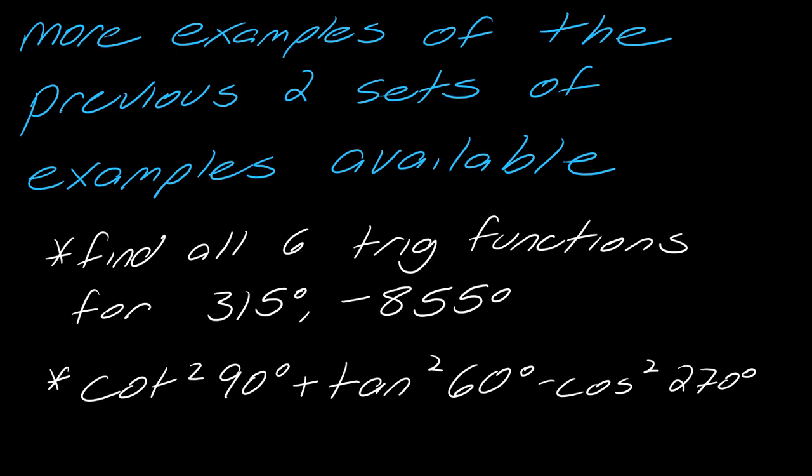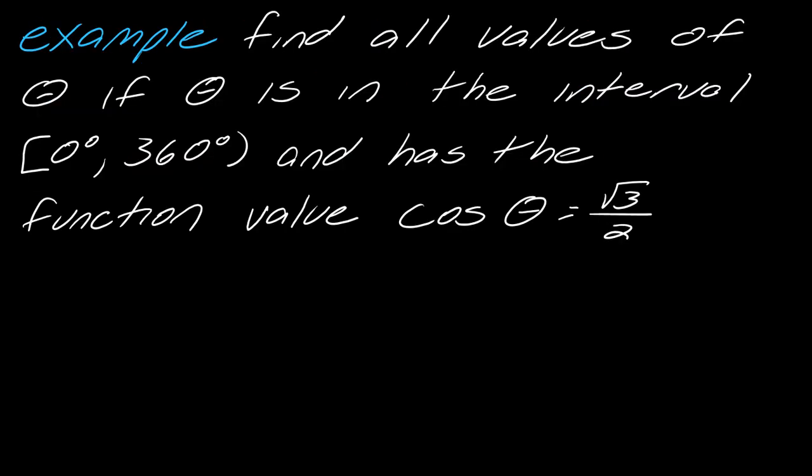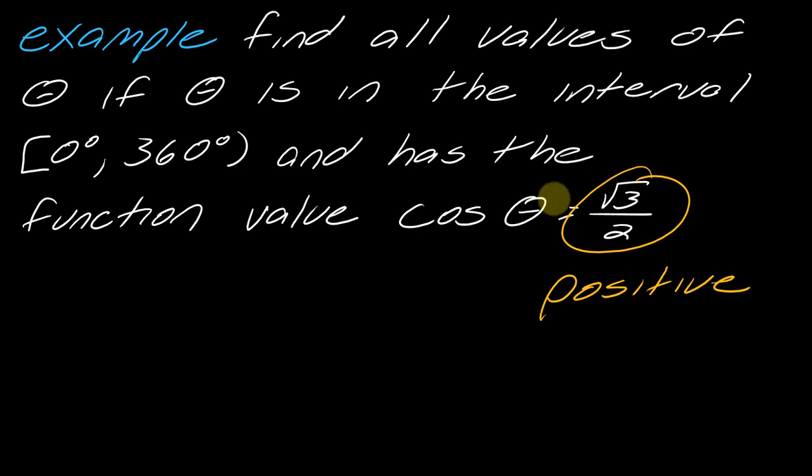Okay, so just continuing on here. A couple other exercises that can come up. Find all values of theta if theta is in the interval from 0 to 360 and has the function value cosine of theta equals square root of 3/2. Okay, so what I'm interested in first is I want to note that this is positive, so where can this be positive?